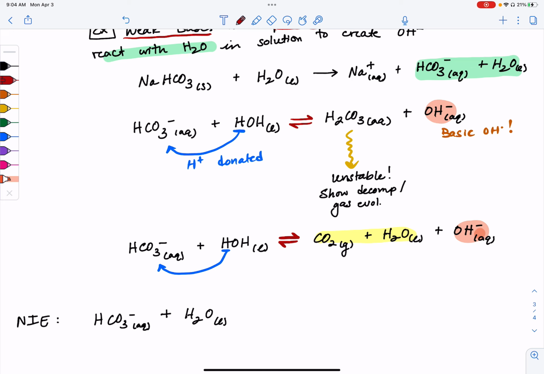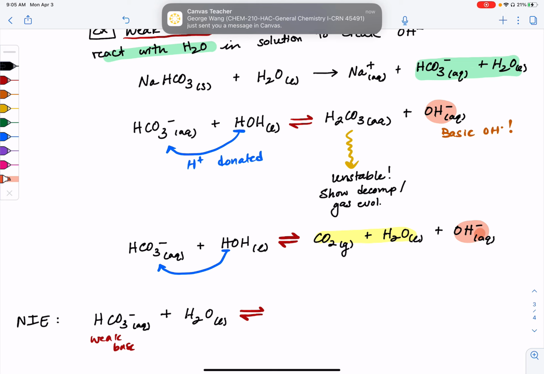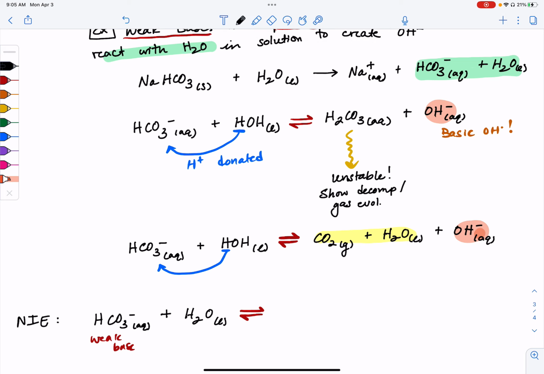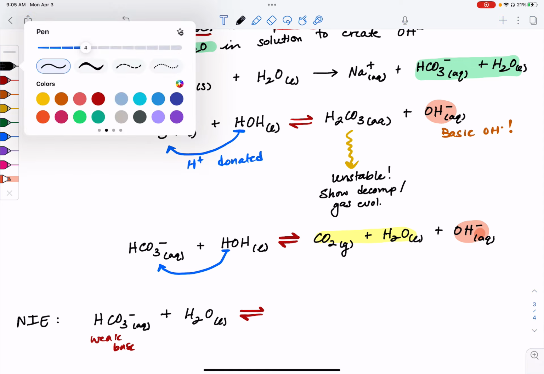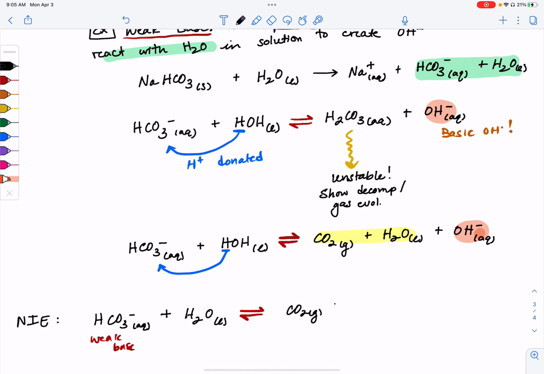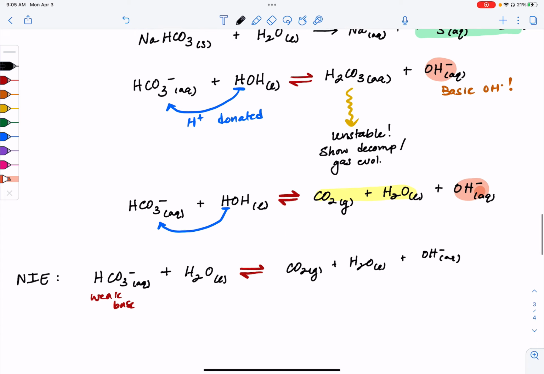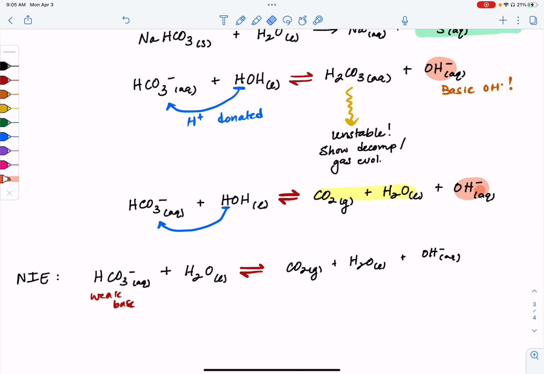And because this is our weak base, it's the thing that is responsible for the contribution of hydroxide in solution, I have partial dissociation, and then that will create my dissociation products. I guess I'm just rewriting the same thing because ultimately my sodium will cancel. So I will have my CO2 gas plus H2O liquid plus hydroxide aqueous. Again, that was pretty redundant, but this is the net ionic equation.